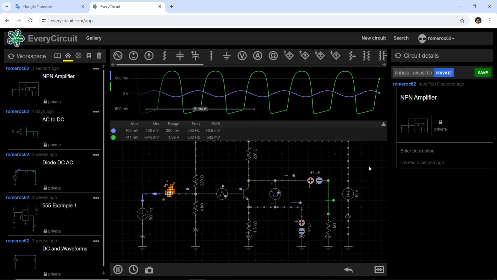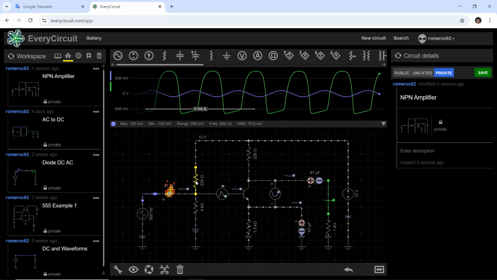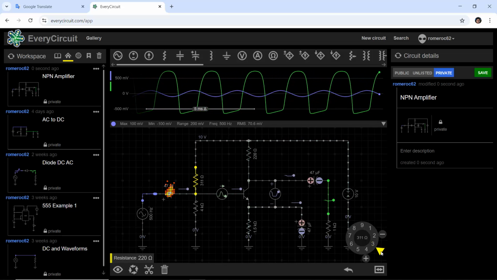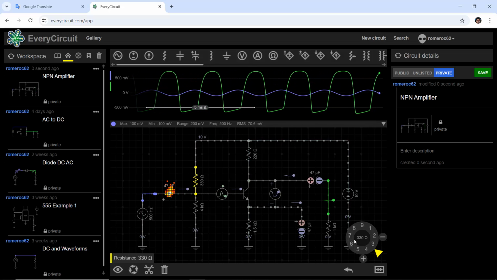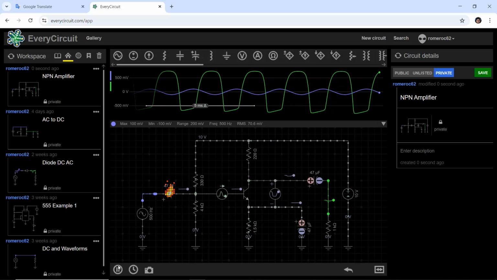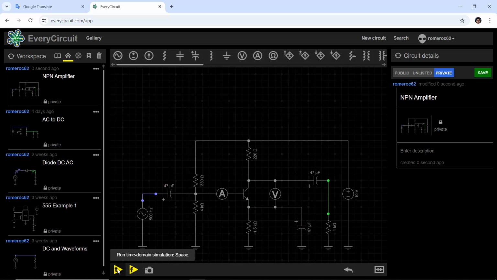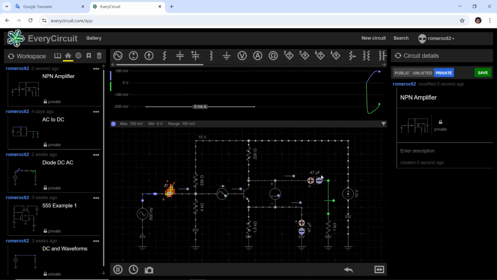Click on the resistor and modify. I will use finally 330 ohms. Click on workspace, pause, rewind, and run time domain simulation again. And wait a minute.